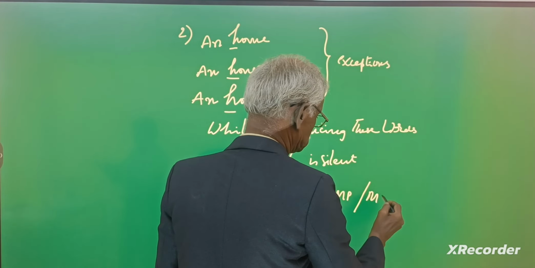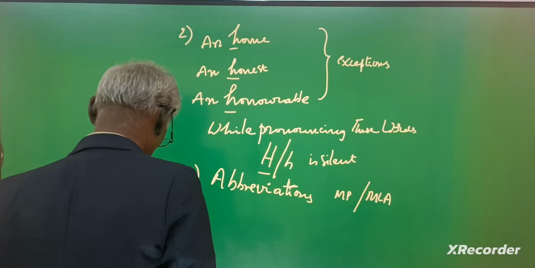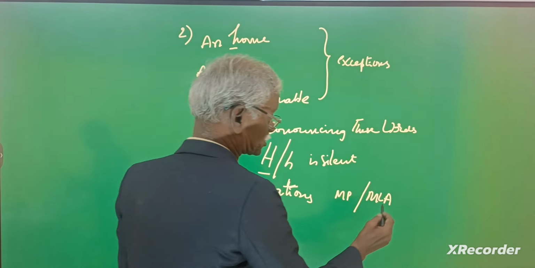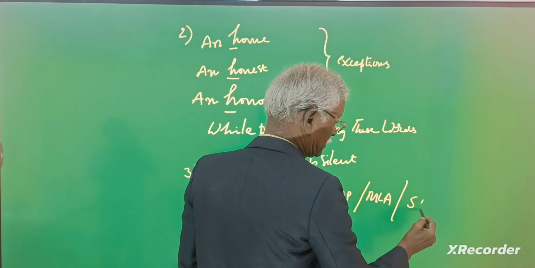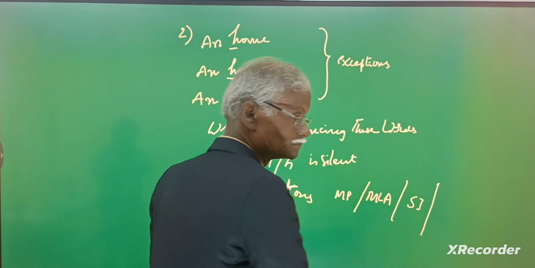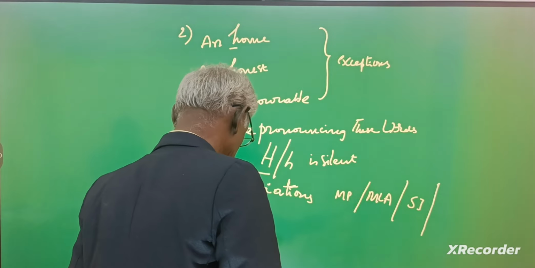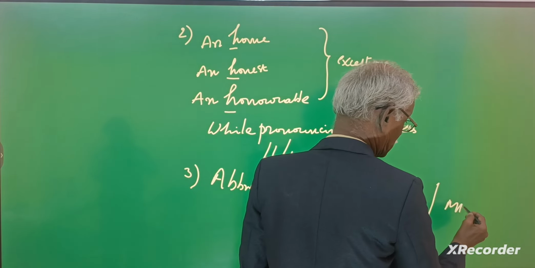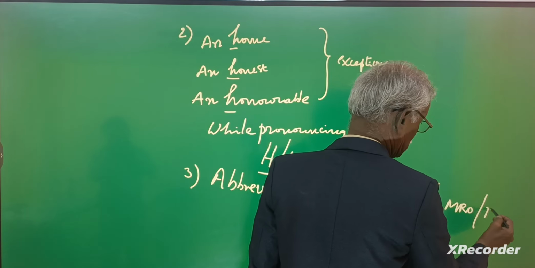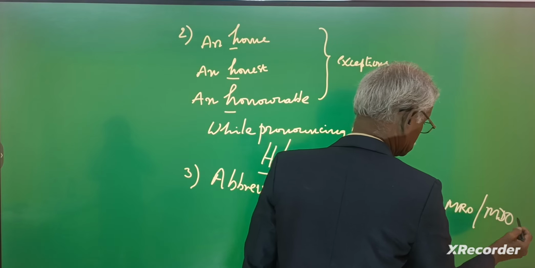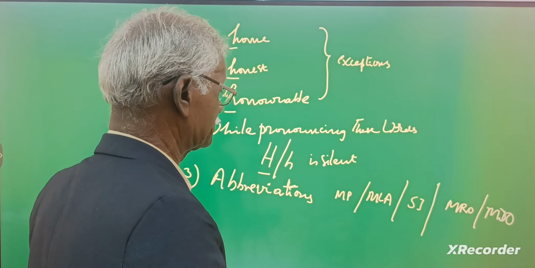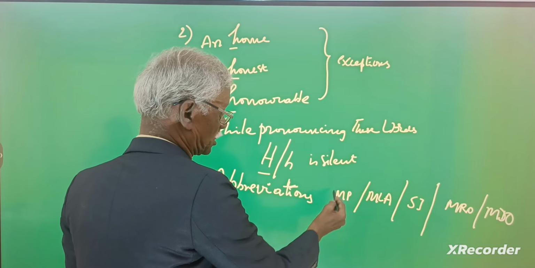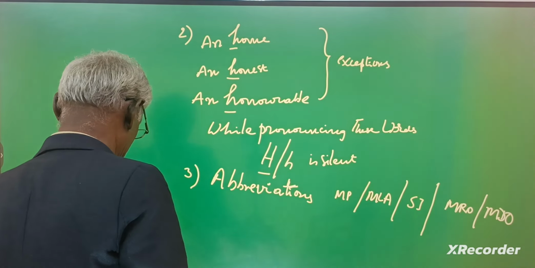Next, MLA. Next, SI, sub inspector. Next, MRO, Mandal Revenue Officer. MDO, Mandal Development Officer. These are all called abbreviations; we write them in short.